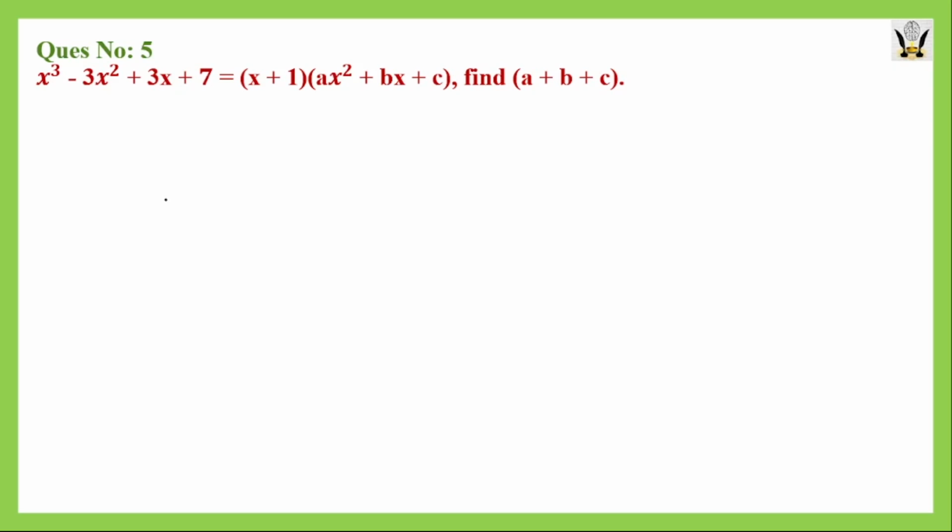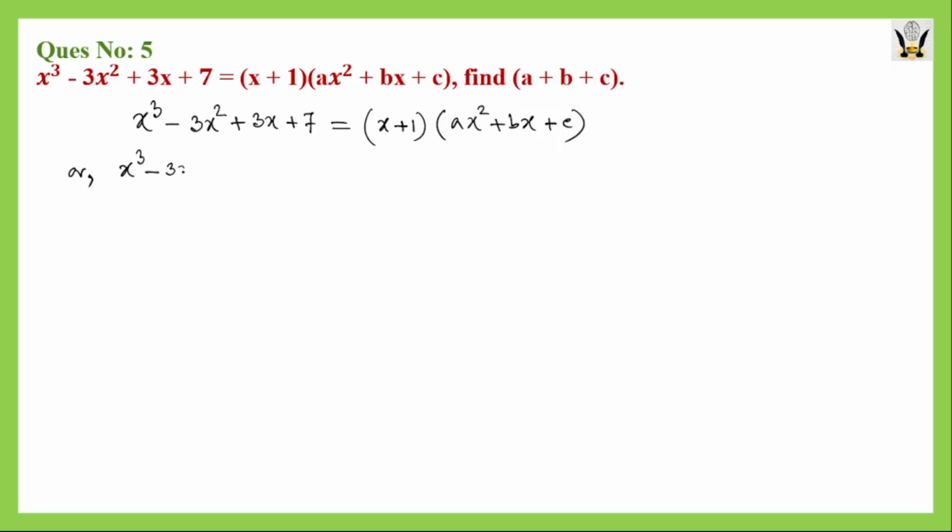Now the next and last sum of this class: x cube minus 3x square plus 3x plus 7 is given in terms of a product of two factors, and from there we need to find the values of a, b and c, or rather the summation of a, b and c. So what we can do is rewrite the terms on the left side of this expression like x cube minus 3x square plus 3x, then minus 1 plus 8.